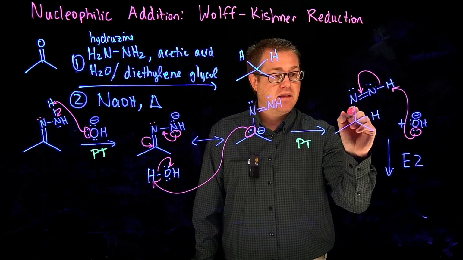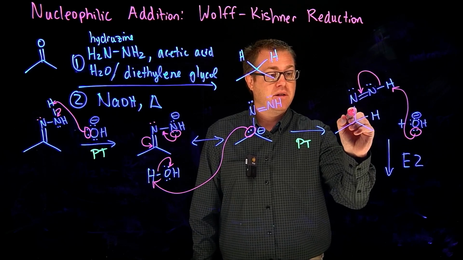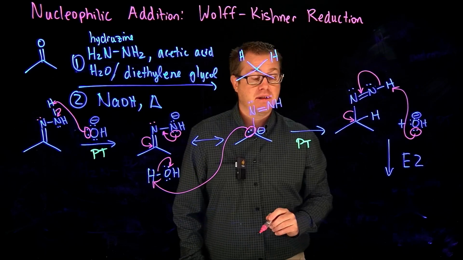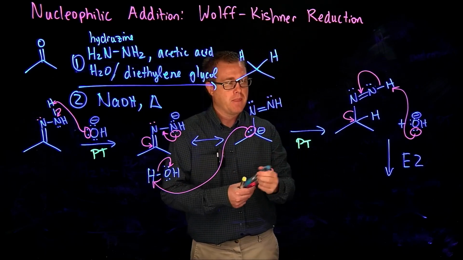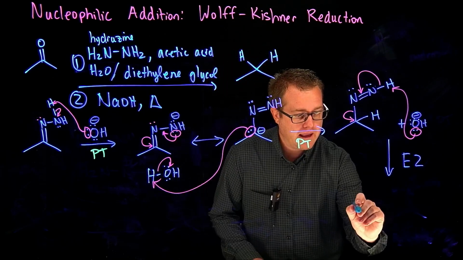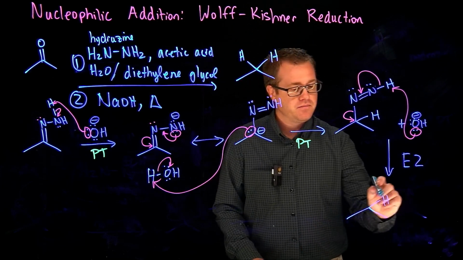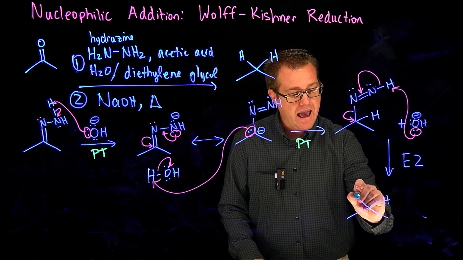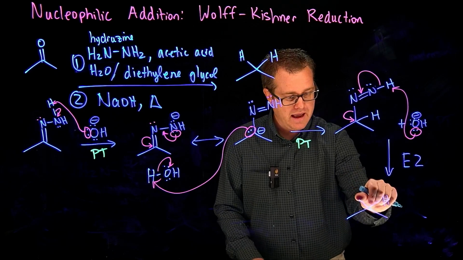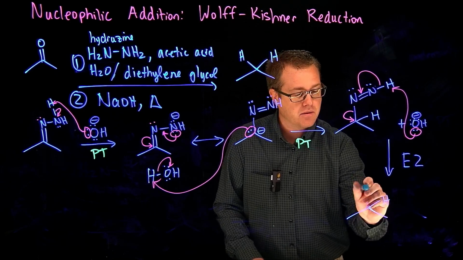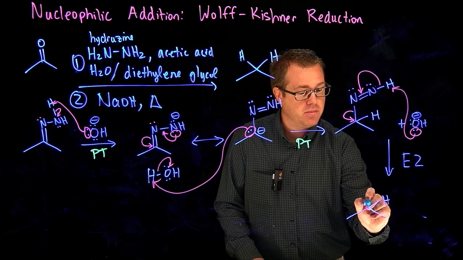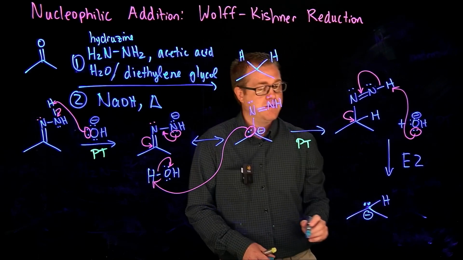So we have to take the two electrons between the nitrogen and the carbon and break those and put them on the carbon. We now have a lone pair, so that's going to make that carbon negatively charged.